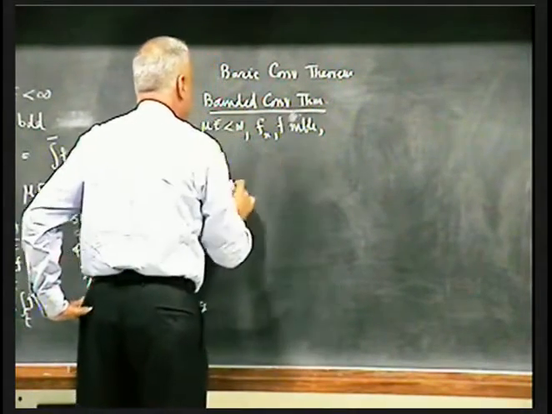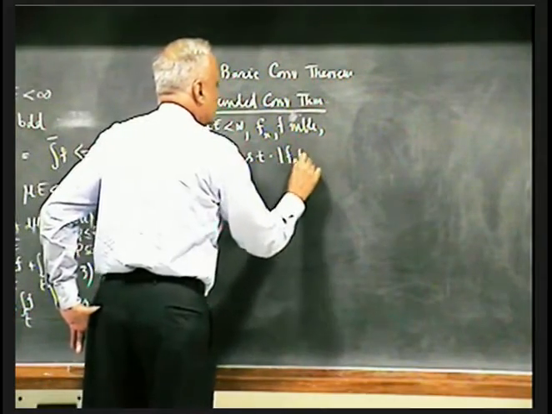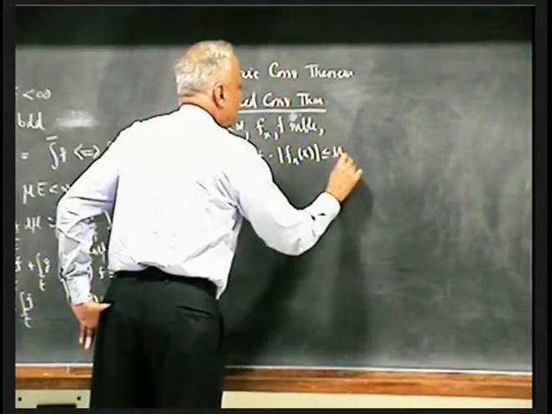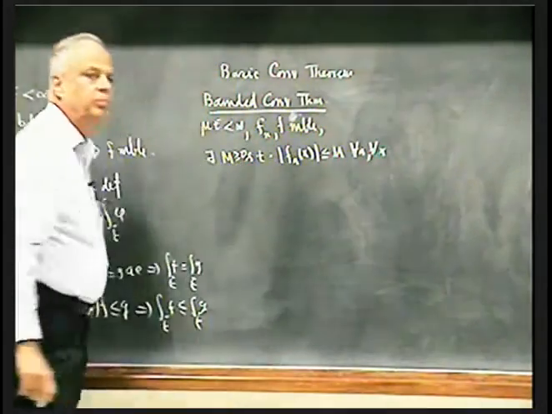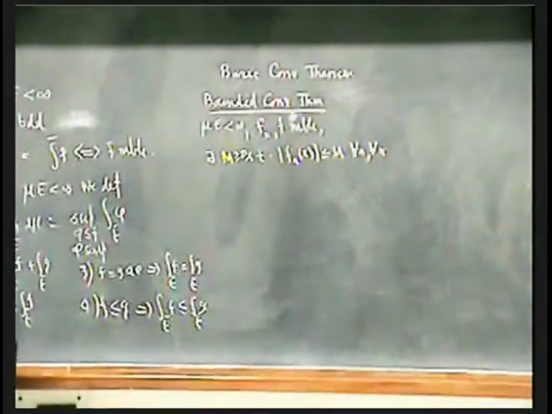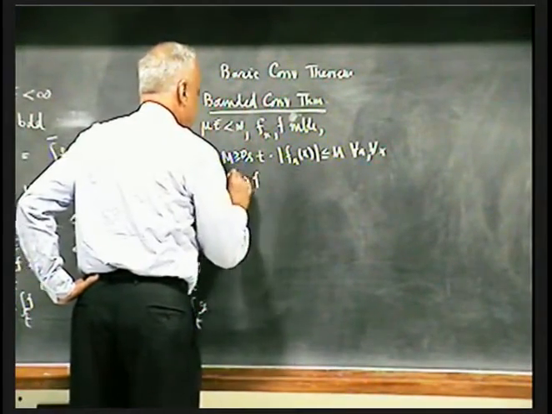So I'll put it this way. There exists M such that mod f_n(x) is less than or equal to M for every n and for every x. There exists a real number M. That is how boundedness is taken care of. And f_n tends to f almost everywhere.